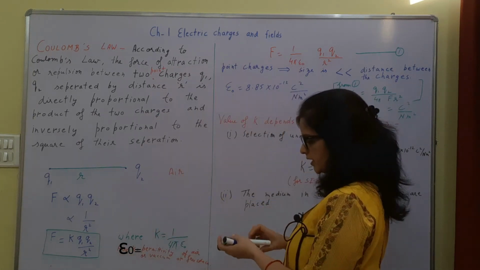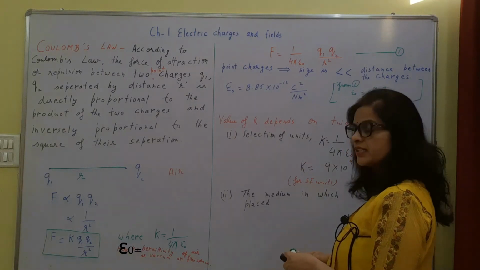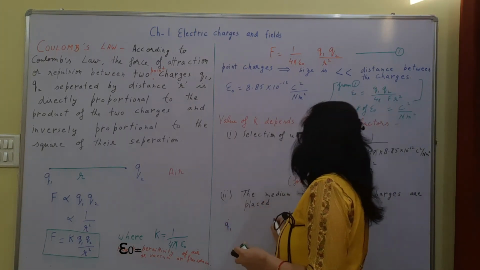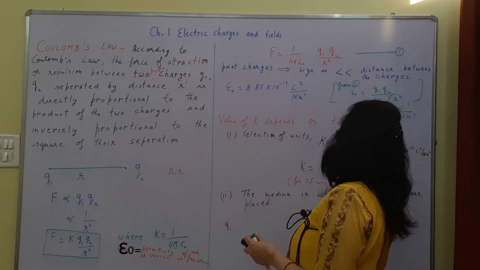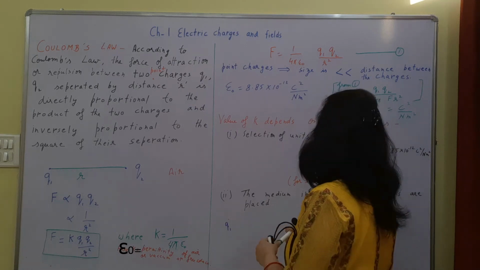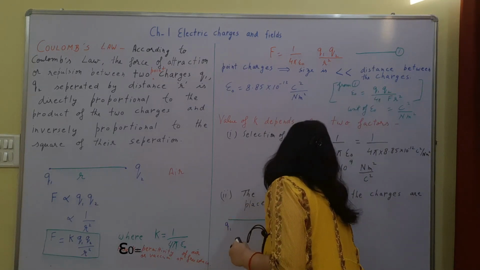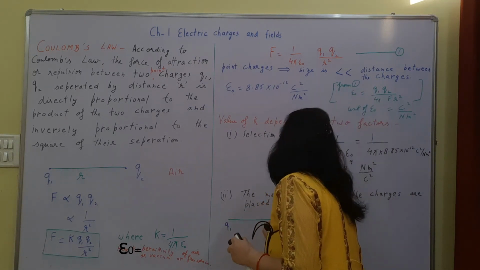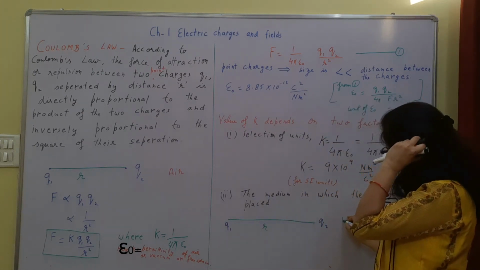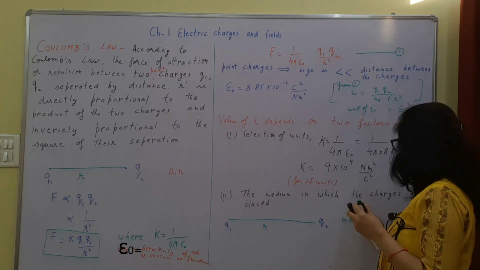If I am taking the same charges with the same separation in some medium, so this is suppose Q1 and this is suppose Q2, and the separation is same, but this is some medium.